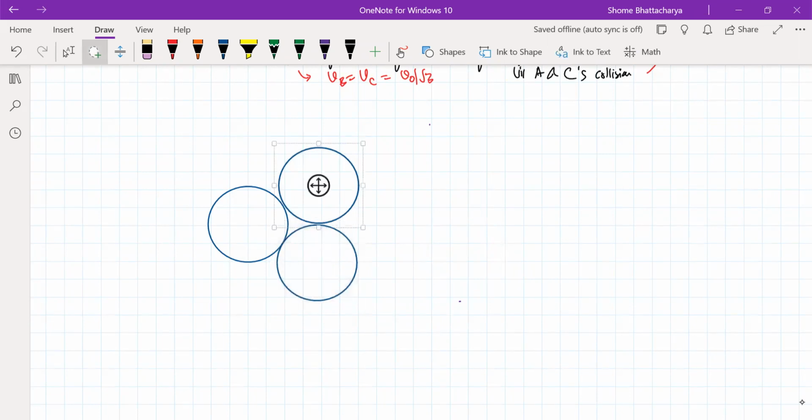Say the contact looks something like this. Draw it exactly. So the center to center lines will be forming an equilateral triangle, in fact, of precise side length 2r, where r is the radius for each one.